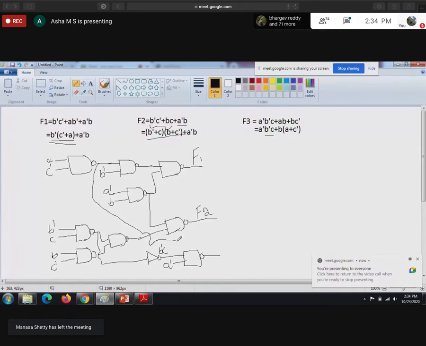Guys, while you are writing in the notebook, write the connections properly. So I'm going to obtain this, correct? A plus C bar I got from here.